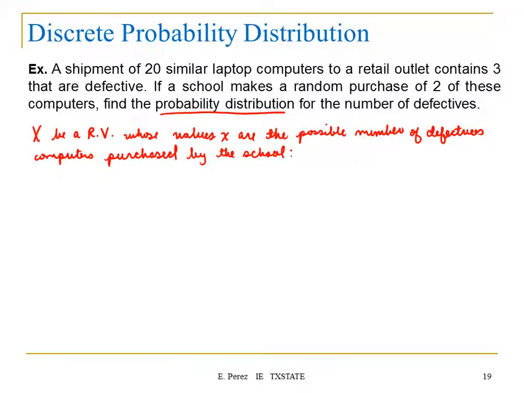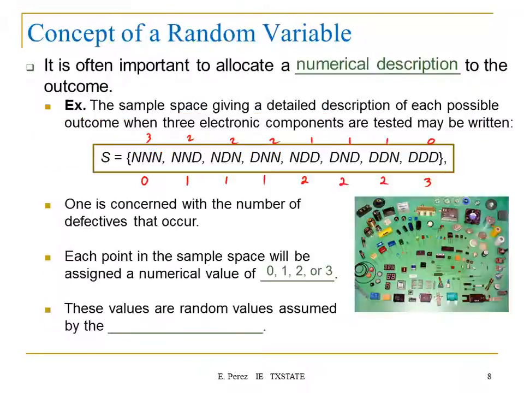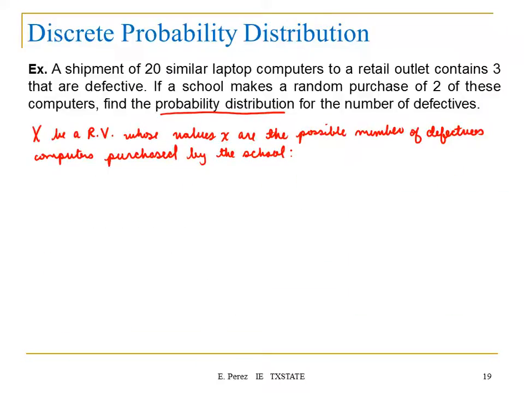So what are the values that this random variable can assume? 0, 1, and 2. Because there are 3 defectives from the lot, and you are buying 2. From the lot, you can select 1 that is defective, you can select 2 that are defective, or none of them being defective.